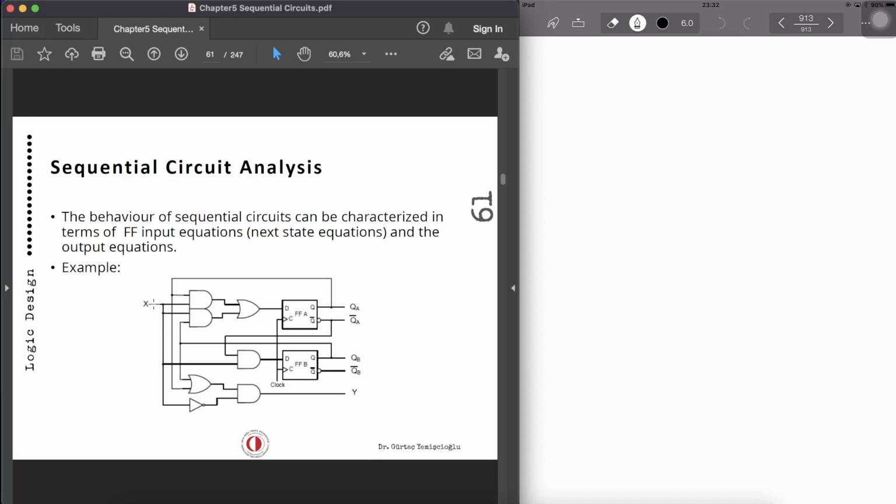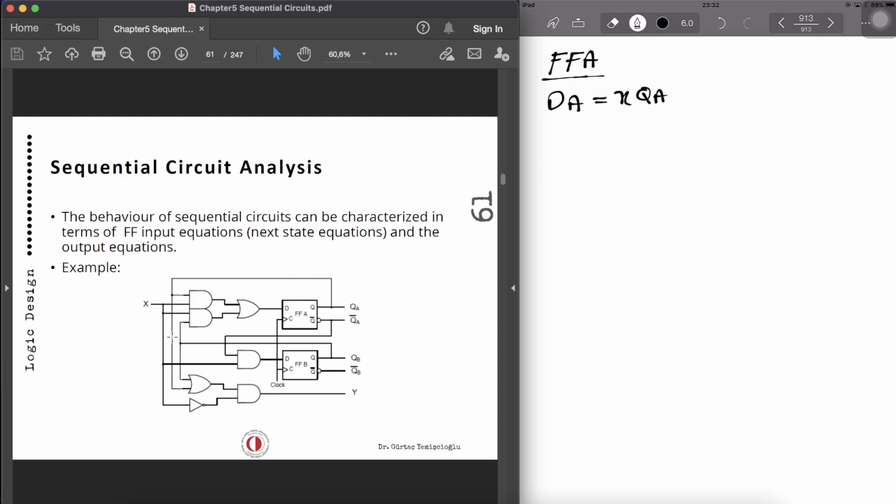Now, how are we going to analyze a circuitry? We can go specifically flip-flop by flip-flop. So let's start with flip-flop A. What do we know about flip-flop A? There's a combinational circuit. We can easily write what DA is going to be, right? Because the output of the combinational circuit is feeding into the input of flip-flop A. So I'm saying DA. Now we have got X feeding in and QA, the present state, showing over here.